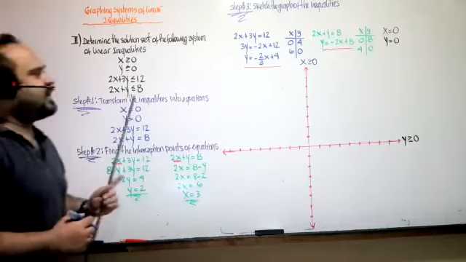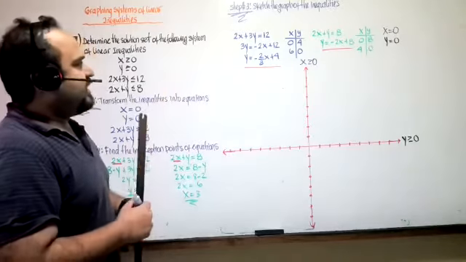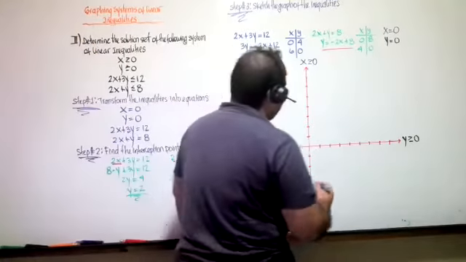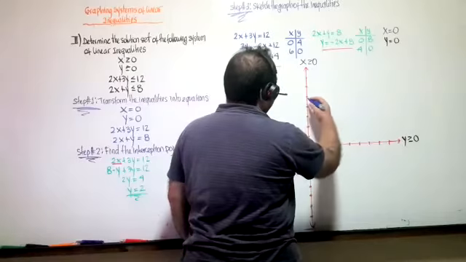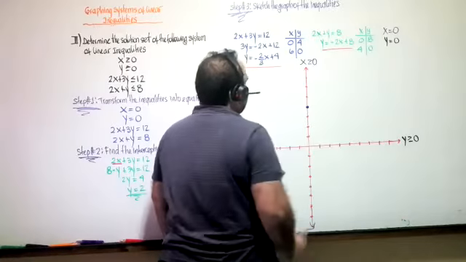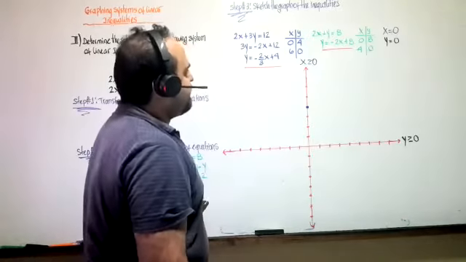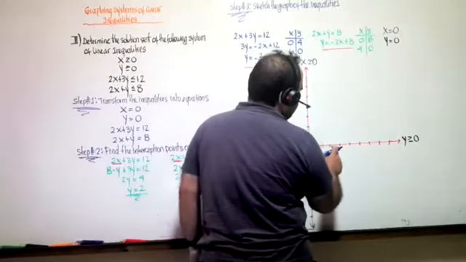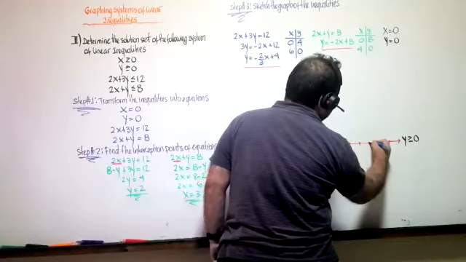Remember the blue one, we have the intersection points (0, 4) and (6, 0): 1, 2, 3, 4, and 1, 2, 3, 4, 5, 6.